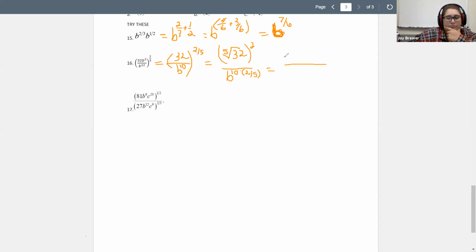The fifth root of 32 is just 2. And then 2 squared is just going to be 4. B times, 10 times 2 will give you 20. 20 divided by 5 is 4. So it's going to be b to the 4th. And that's it for that one.